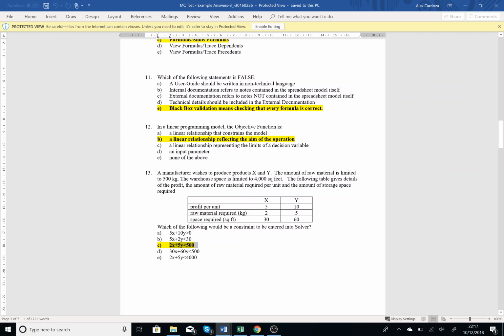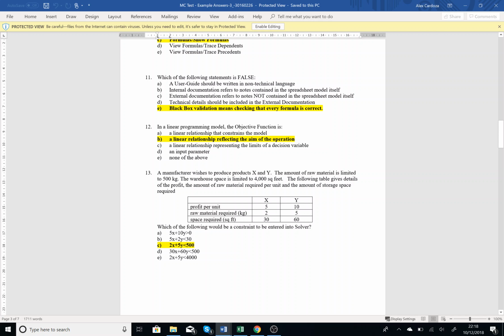And what that's saying is every unit of X for raw material uses 2, and every unit of Y uses 5. Add those two together, and it has to be less than or equal to 500, because you've only got 500 of raw material.